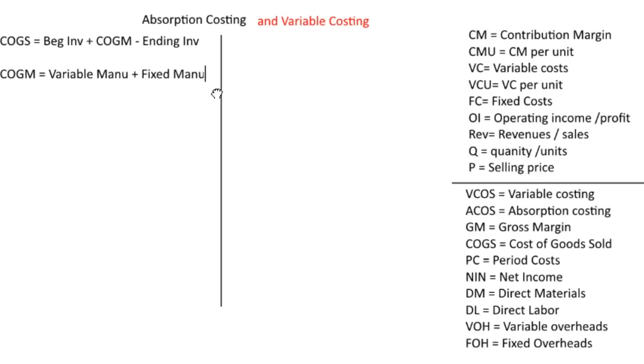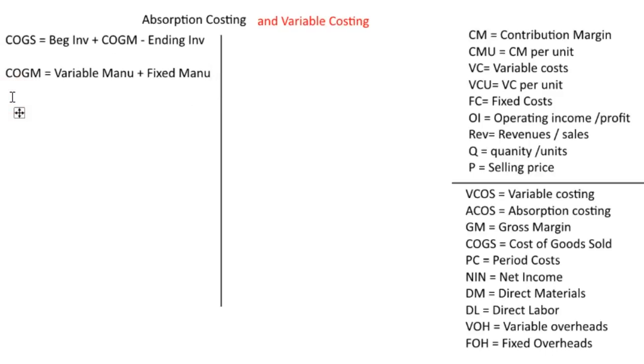Now, this includes your direct materials, your direct labor, your variable overheads, and your fixed overheads.